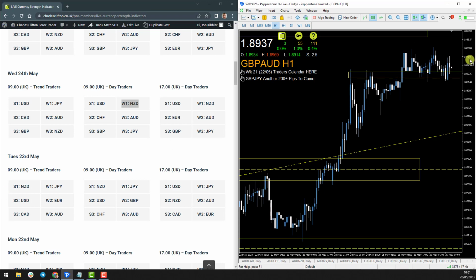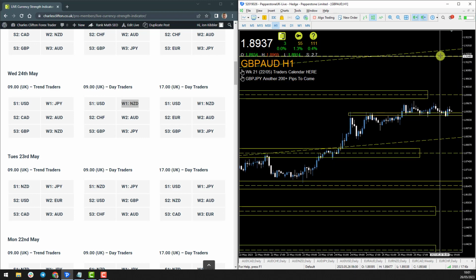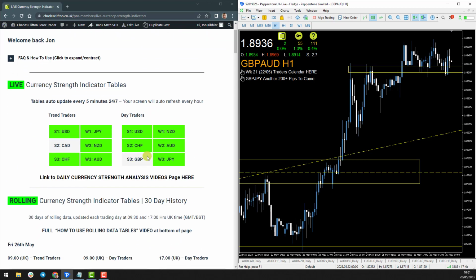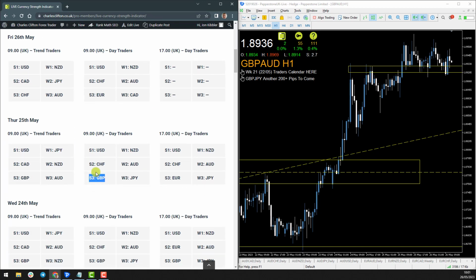The only thing I would say about this market at the moment, although I do feel like it could head to the 1.91 target 1 and 1.9150 target 2, is that it doesn't appear on the tables anymore. The pound has actually left the trend traders side of the table. If you have a look at yesterday, it featured here on our day traders, and it featured here on the trend traders.